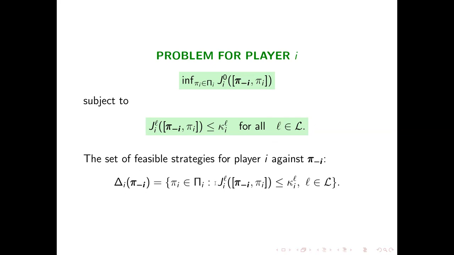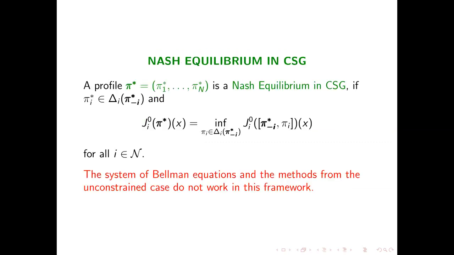So that's the strategies that satisfy these constraints, that are feasible strategies. And the Nash equilibrium in such a model, in such a constrained stochastic game, is a profile pi star, such that each pi_i star is a feasible strategy, and each pi_i star minimizes the objective cost for player i, and this must hold for all players.